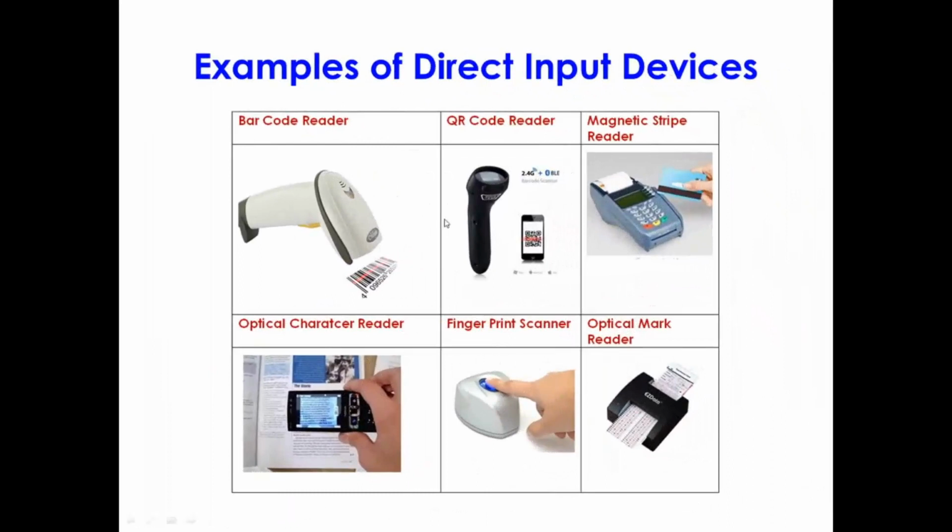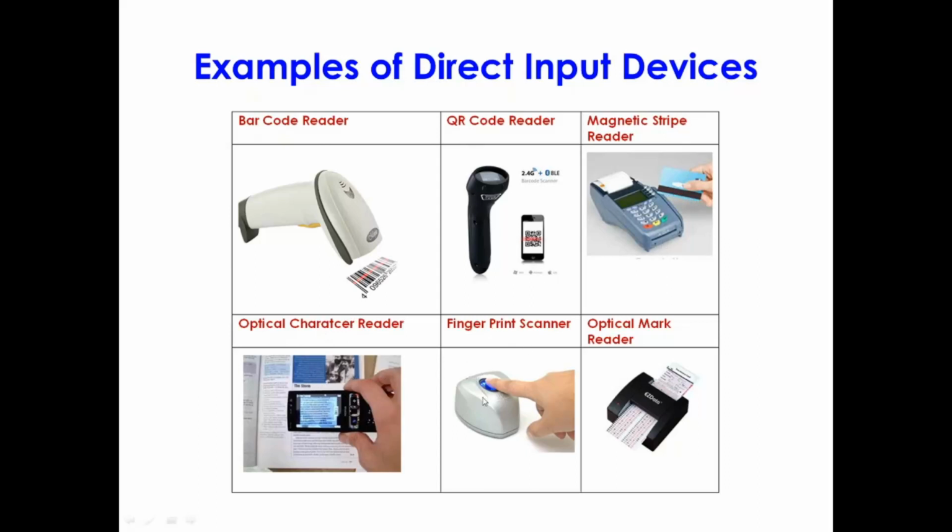Here are the pictures. Barcode reader is used to scan the barcode. QR code reader is used to scan the QR code. Magnetic stripe reader is used to read data from the stripe. We have optical character reader that is used to recognize the text, and later on you can edit it.